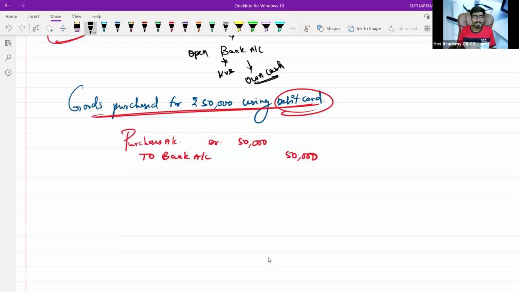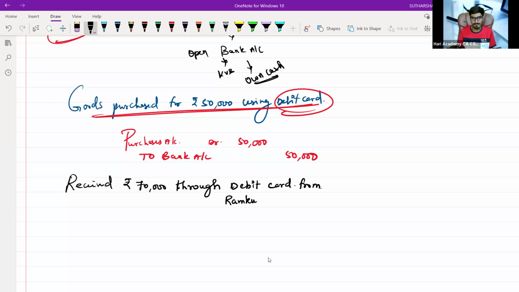As I am also doing my business, I received rupees 70,000 through debit card from Ram Kumar as CA final fees.